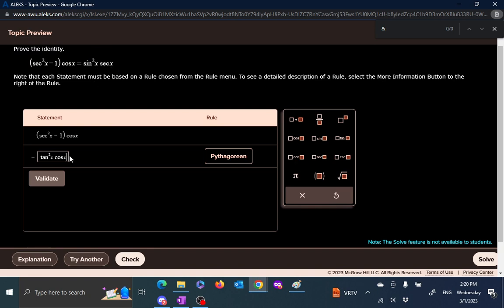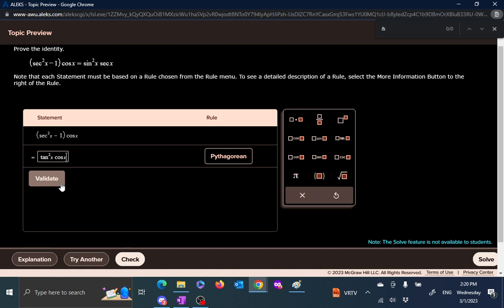So one thing I can do is remember that tan, by the quotient identity, is sine over cosine. When I write it as sine over cosine and square that, you get the sine square. And you have one cosine here and one cosine in the denominator of tangent. They are going to cancel, and then you're going to get what you want.